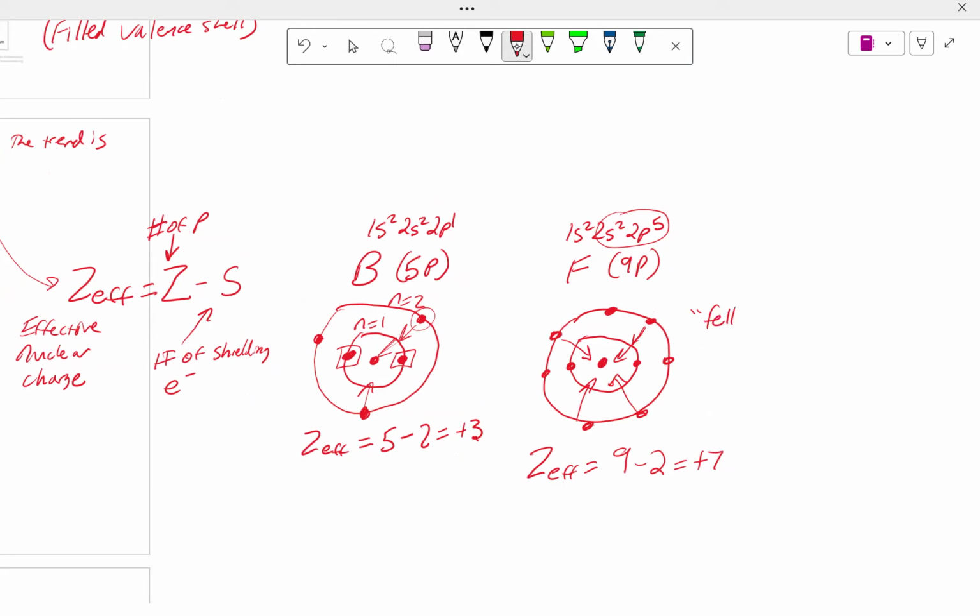And so, just to summarize, those electrons on the outside feel the pull of 7 protons versus in boron, they only feel the pull of 3. So it's sort of like a tug of war, where the electrons in fluorine on the valence shell are being pulled a lot closer to the nucleus. And so that radius is going to decrease.